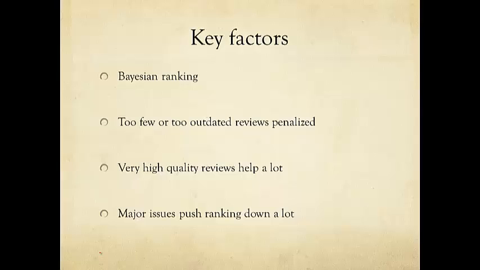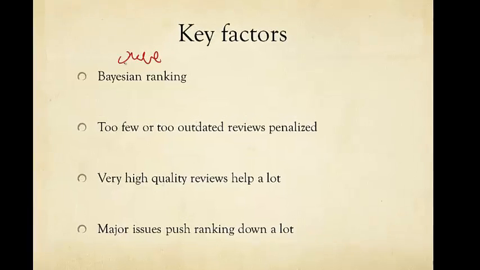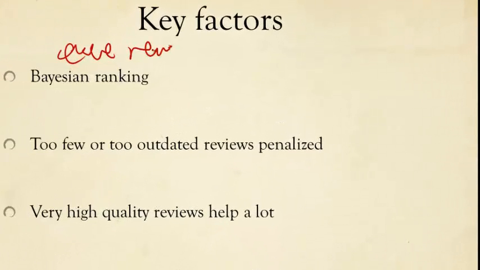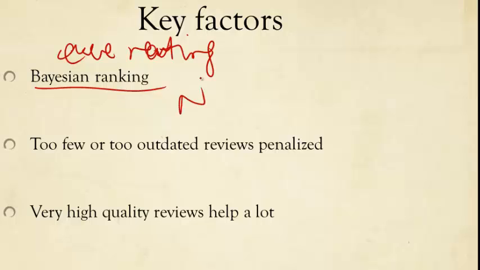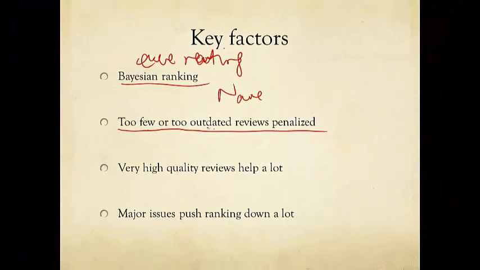So in summary, the key factors we believe are behind Amazon ranking include, of course, the naive average review score, rating score, but also the following factors. It includes Bayesian ranking, probably using the Bayesian formula, where N is picked as N average. It includes the penalty on too few or too outdated reviews, depending on the product category. 1 year could be too outdated.